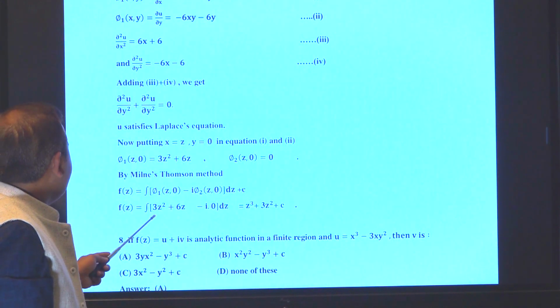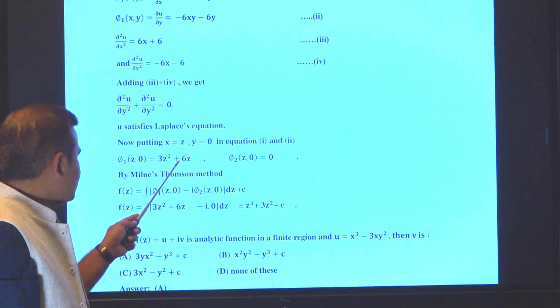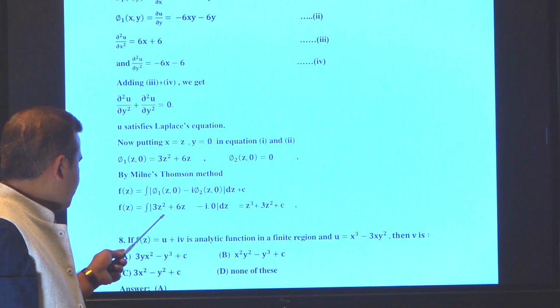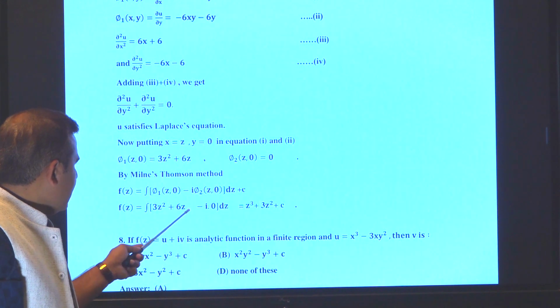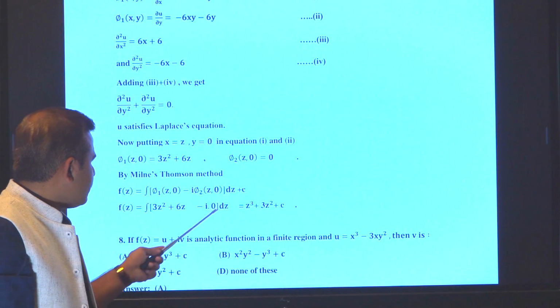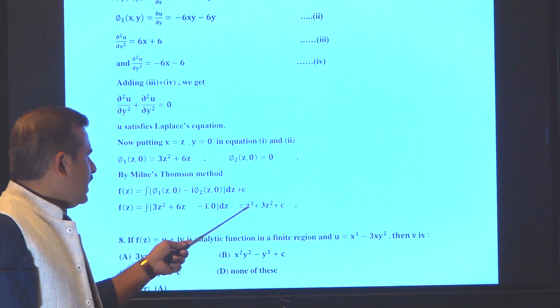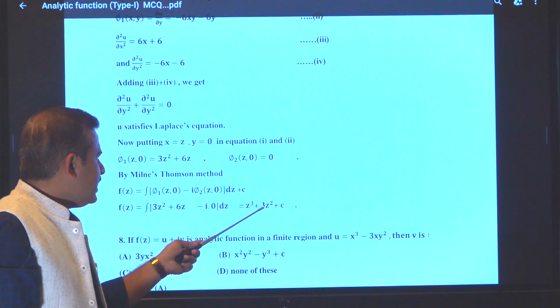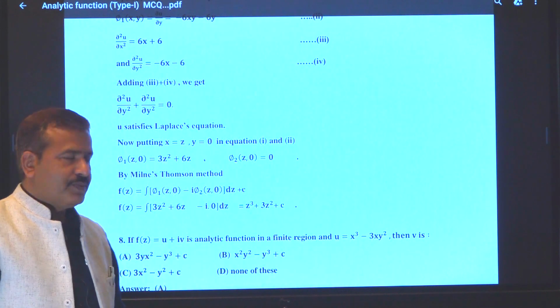So here we substitute phi 1 values. Phi 1 (z, 0) is 3z square plus 6z. So I have put here phi 1 values 3z square plus 6z minus i as it is, and this phi 2 (z, 0) is 0, that's why I have put here 0. After simplification it becomes the result z cube plus 3z square plus c. So this is the option.